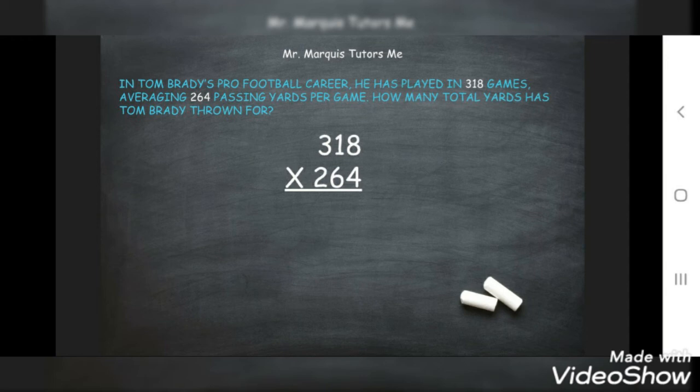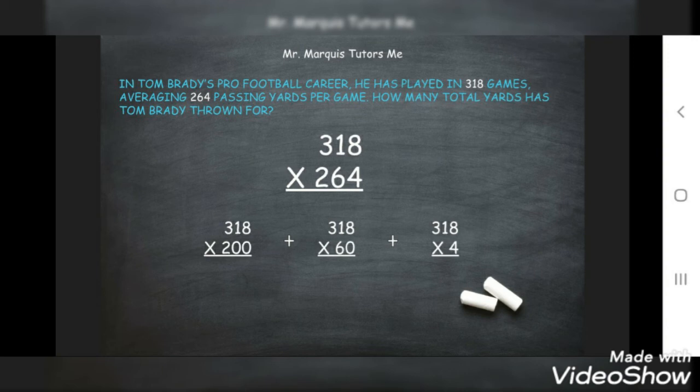Now, if I don't want to try to figure out how to multiply all these big numbers, I can break it down and say, okay, 318 times 264. I can break it down and say 318 times 200 is this, 318 times 60 is this, 318 times 4.